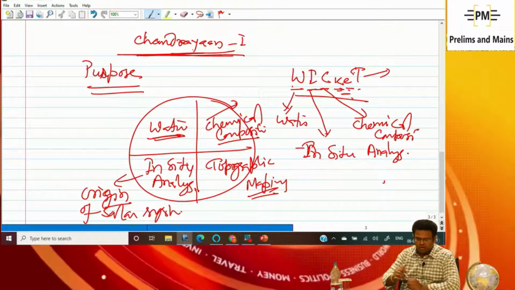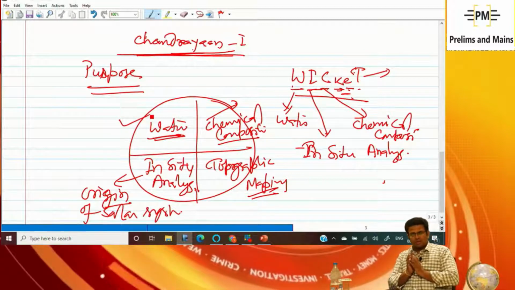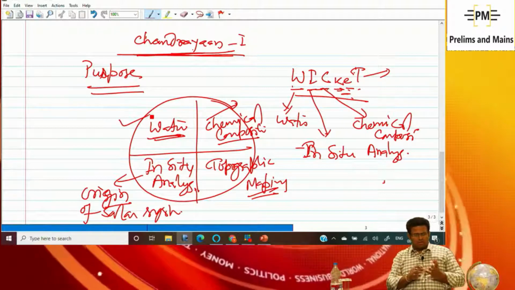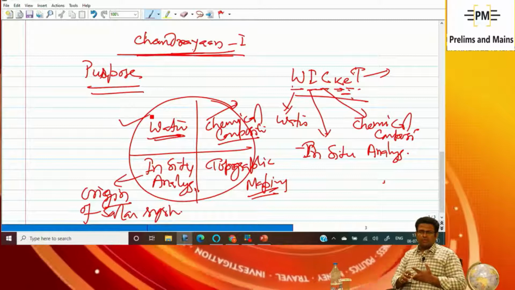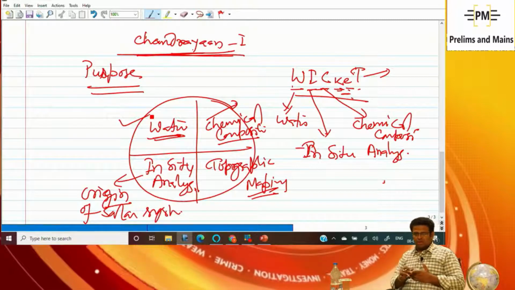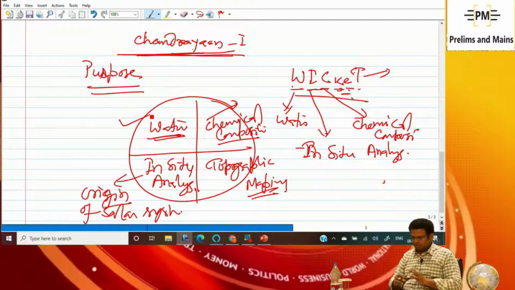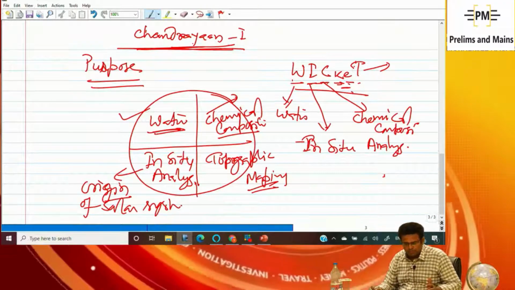These are the four functions that India was having. Water, I said wicket, can you remember? Just remember this much, and water in situ analysis. Another, C for chemical composition, and T for topographic mapping. With the help of this you can easily remember. Therefore I made it for you so that you can remember.